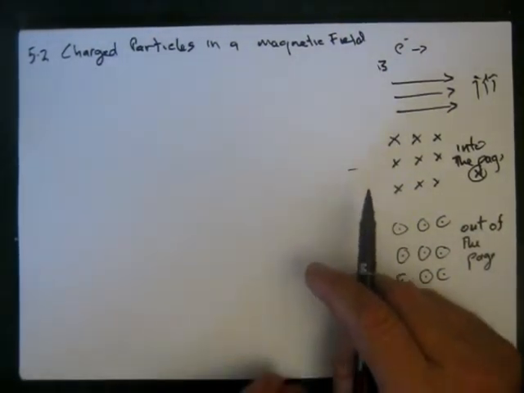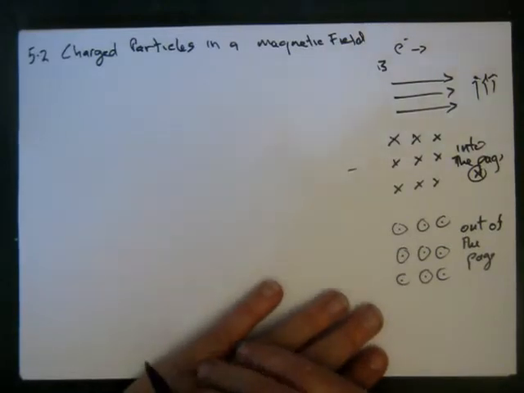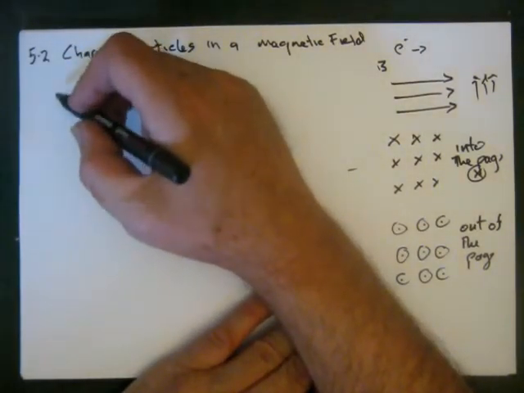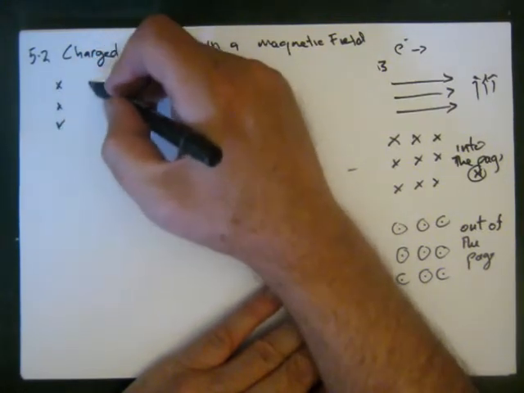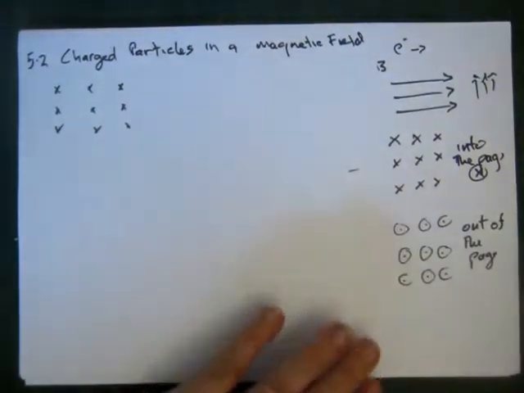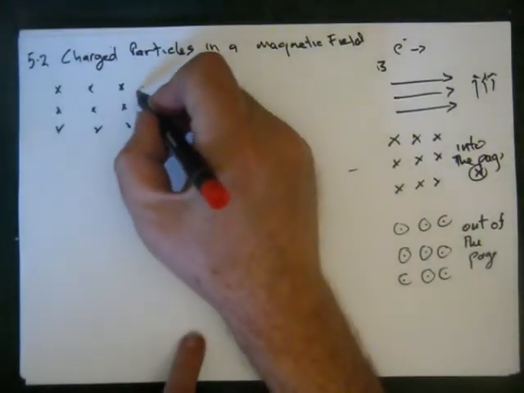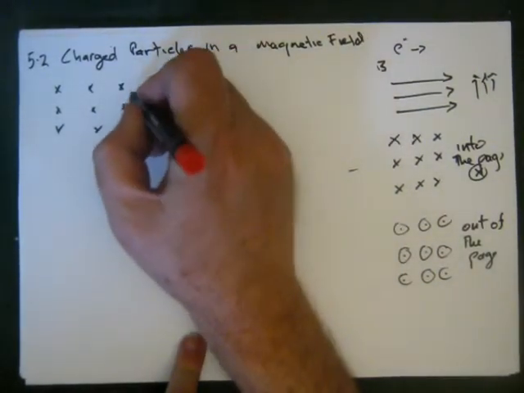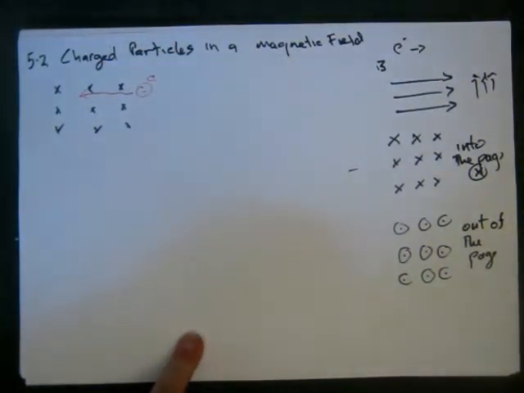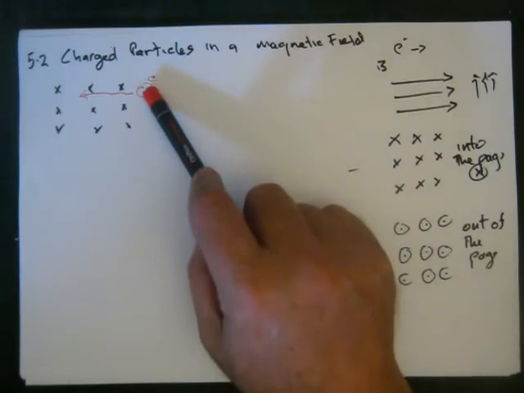Now, if we have a magnetic field, let's put a magnetic field in here, and then we have a particle, say an electron, like a negative charge, and it's going through the magnetic field, then this will generate a magnetic field of its own.